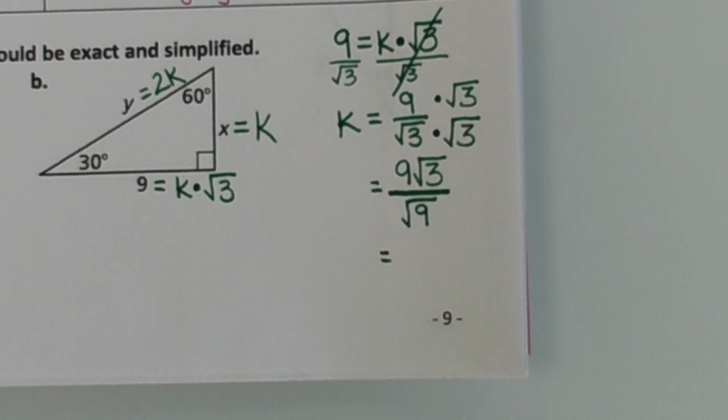I do that because now the denominator is a perfect square. What is the square root of 9? 3. Wait, how did we get the square root of 9 from? Oh, 3 times 3. Why did it cancel out? They're both positive. So when you multiply square roots, you multiply the stuff inside, but it still stays in a square root.